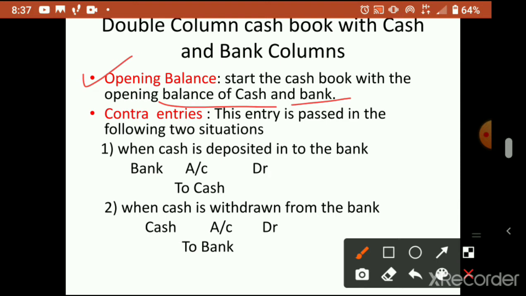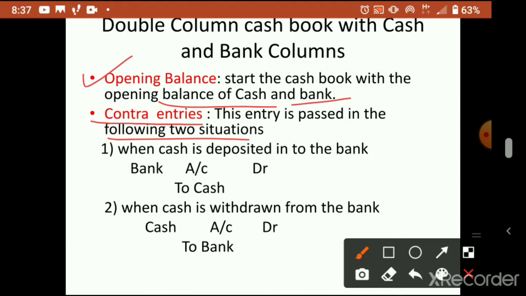The second thing we have to discuss is contra entries. What do you mean by contra entries? Contra entries are passed in the following two situations. Why is it called contra entry?